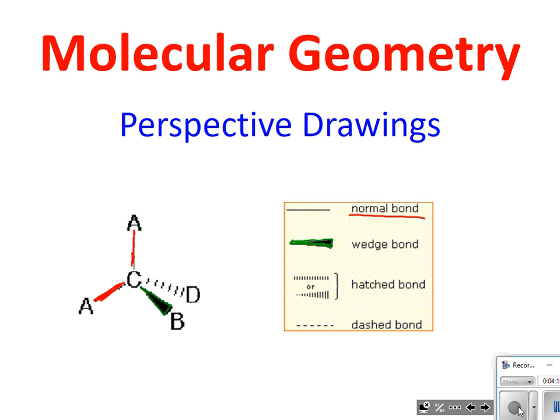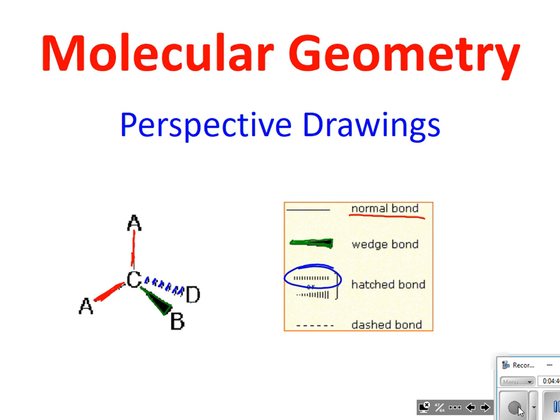So, how we do it is that wedge bond right there signifies that that is coming out of the board. This dash bond, the dash bond or the hash bond, let me do it a different color. This dash bond, and I just use that one there. Just a bunch of dashes signify that it is going back into the board.